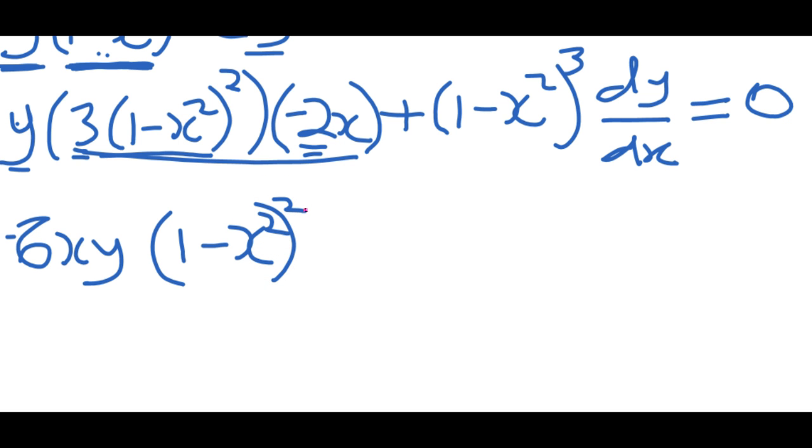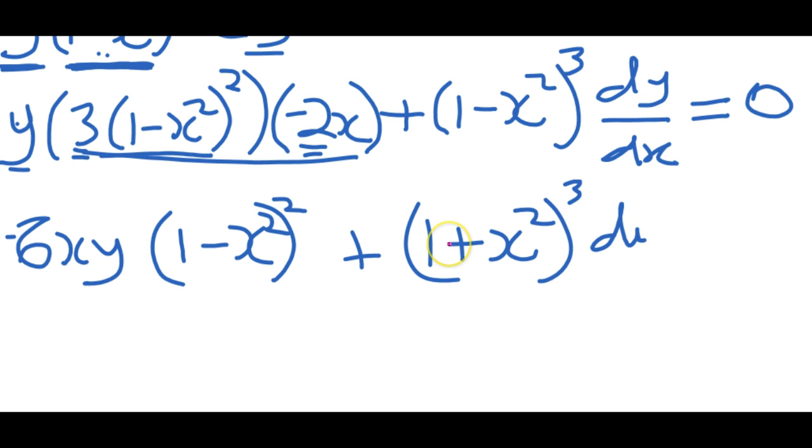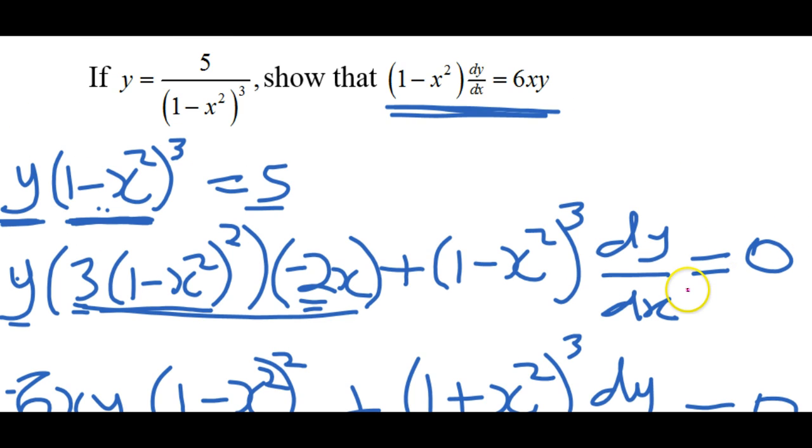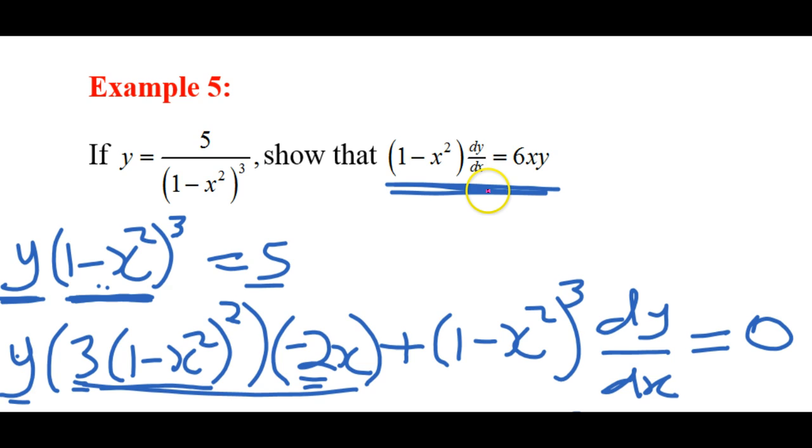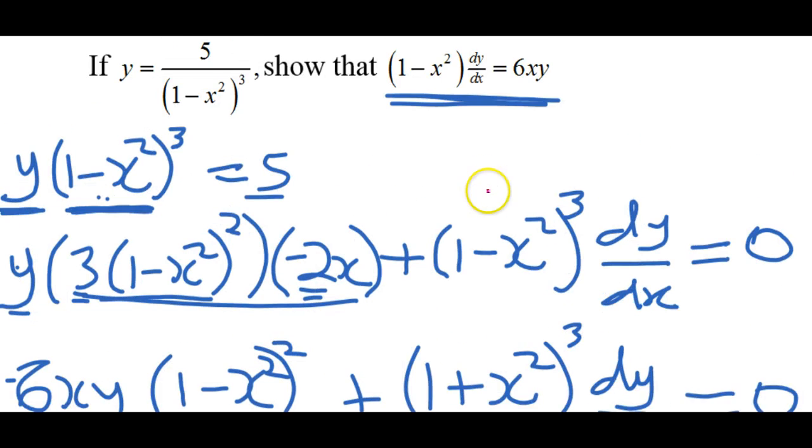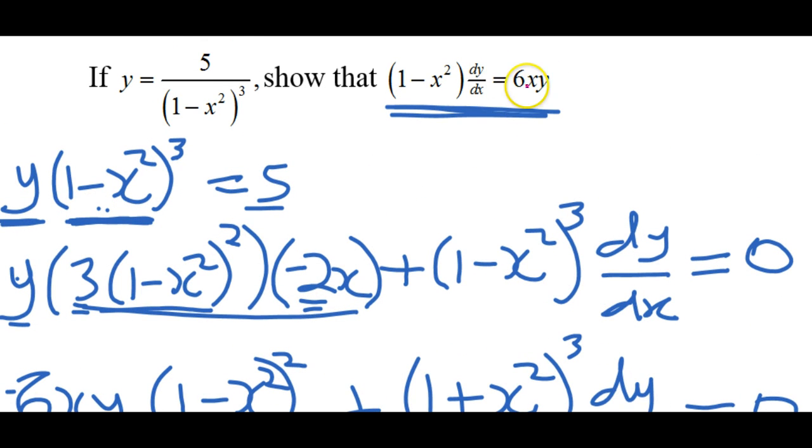Then on this side, I still have my plus 1 minus x squared all power 3 dy dx is equal to 0. And if you compare this to the answer, you can see that we are almost through, just that the 6 here is positive and here is maintained like that.